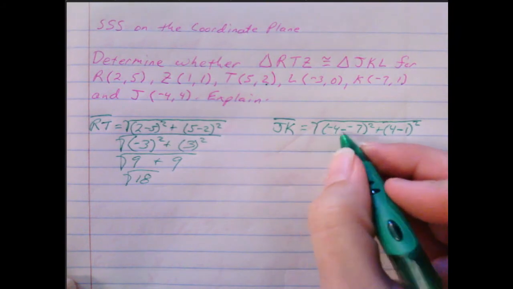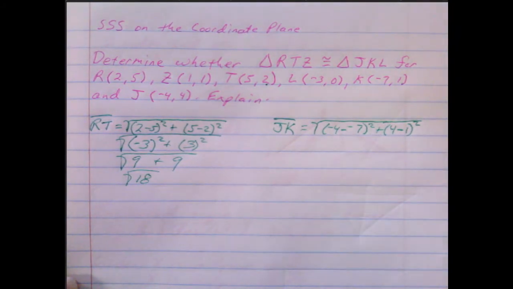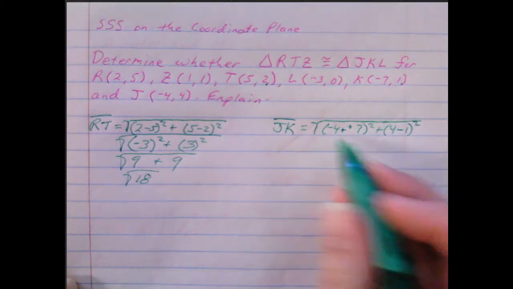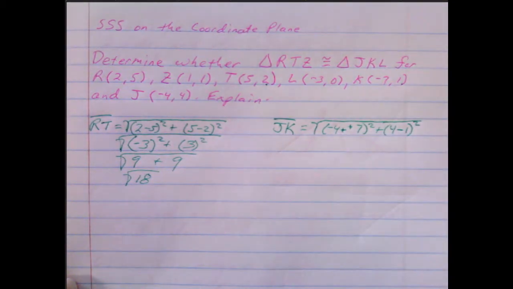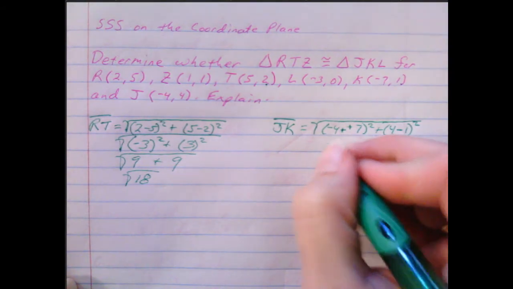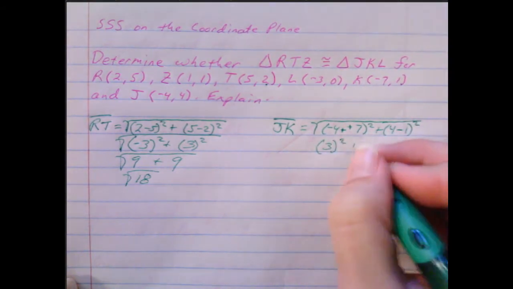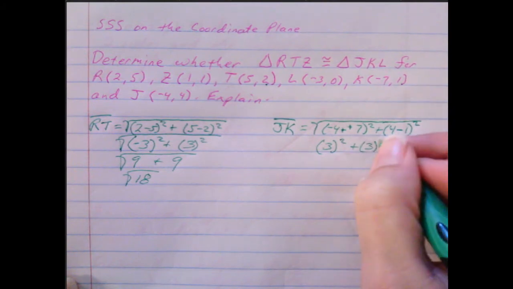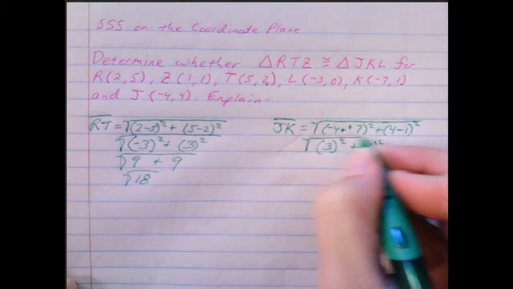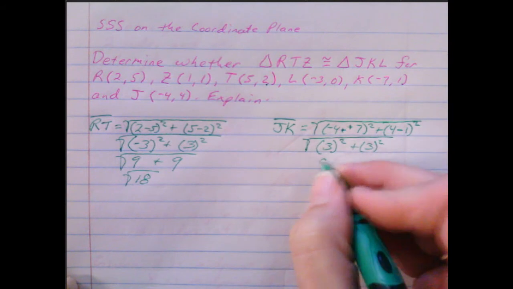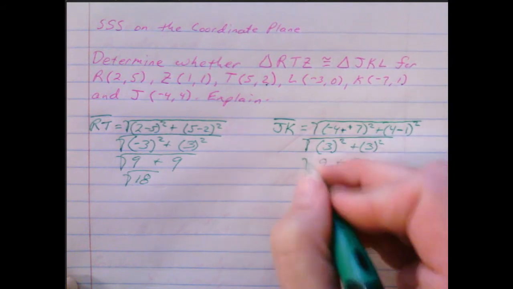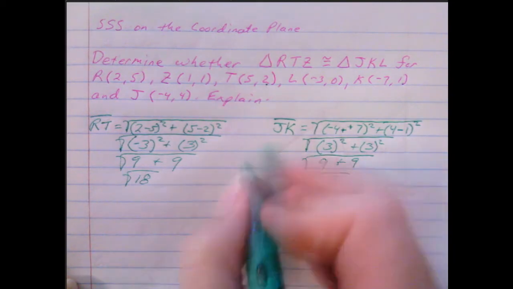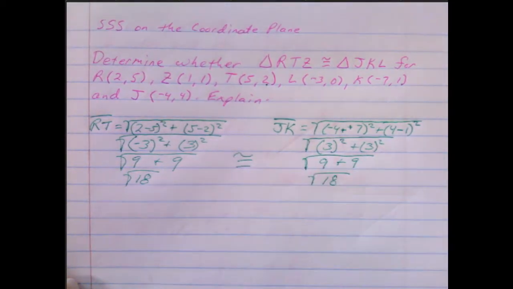We have a negative 4 minus a negative 7, so we make that plus a positive. So the difference between 4 and 7 is 3. So we have 3 squared, plus 4 minus 1 is also 3, and that is squared. 3 squared is 9. 3 squared is 9. So we end up with square root of 18. So we can say yes, those are congruent.